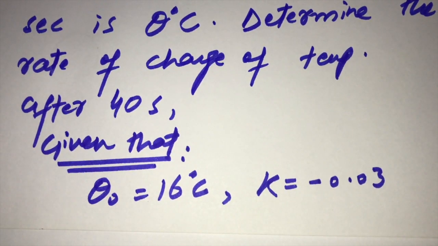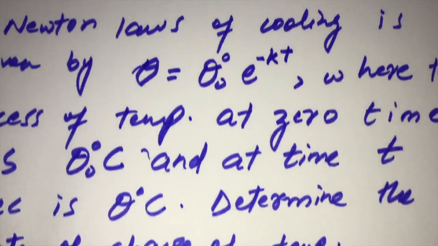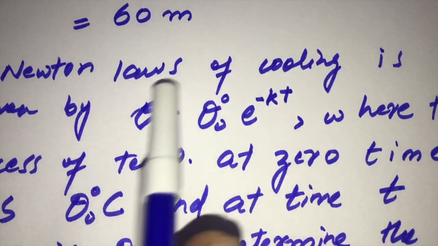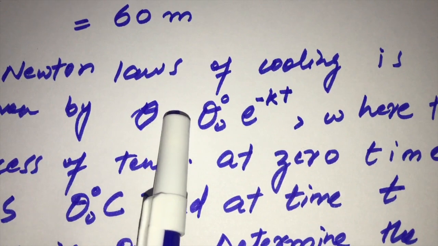Now in order to find the rate of change of temperature after 40 seconds, first we take the derivative of this relation with respect to t.